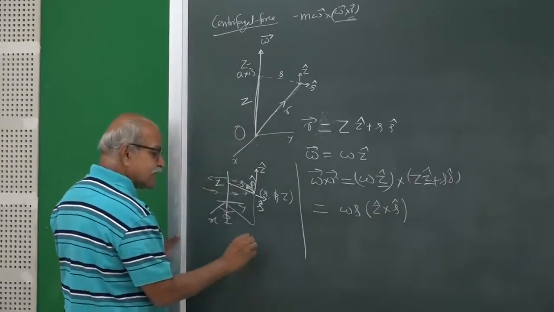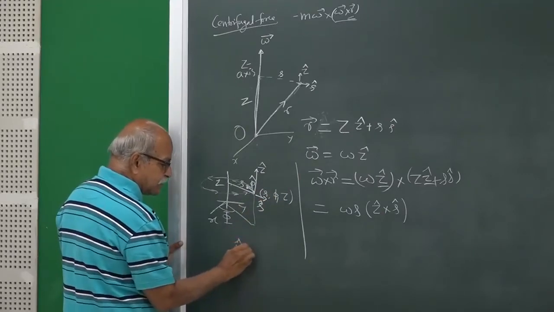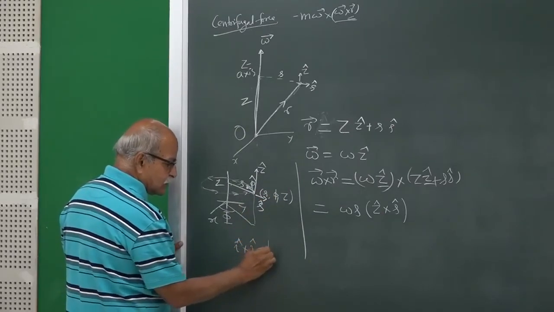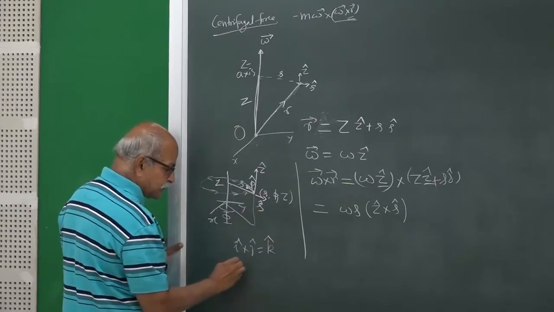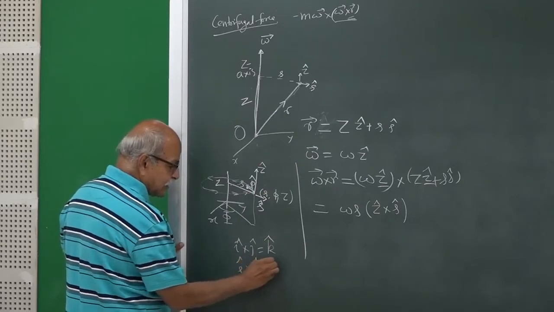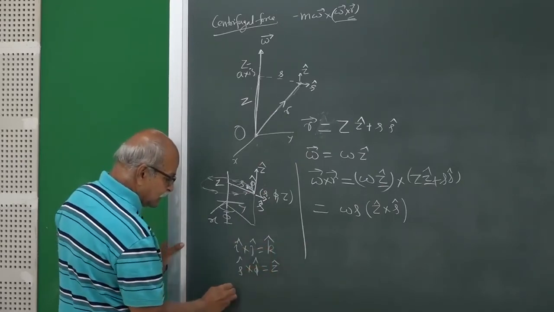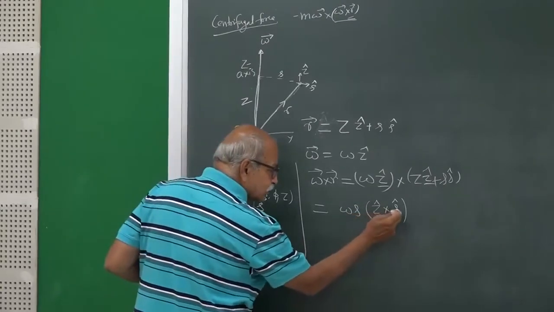And once again, just like i j k, you have the similar relation, i cap cross j cap is equal to k cap and all that. Similarly, here s cap cross phi cap is equal to z cap and similar things.